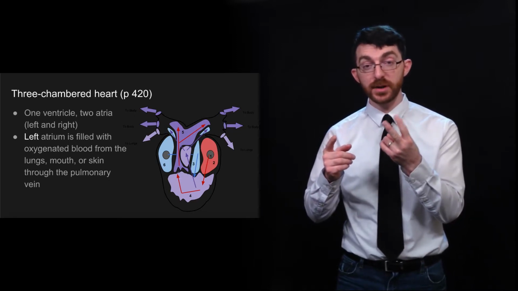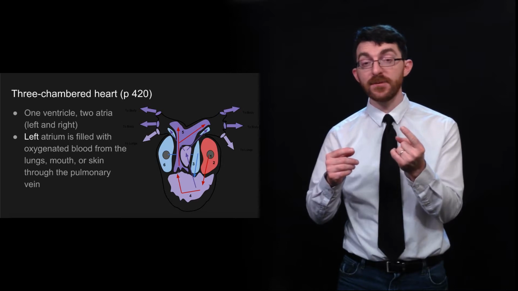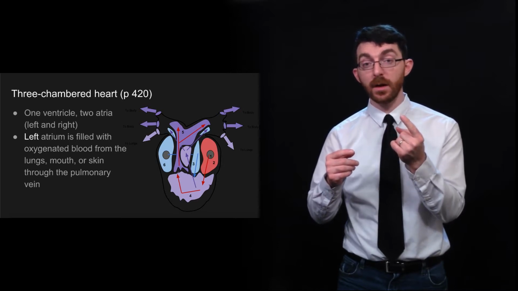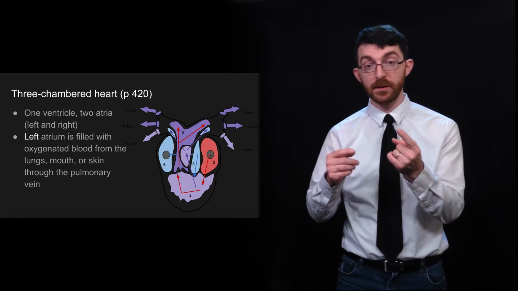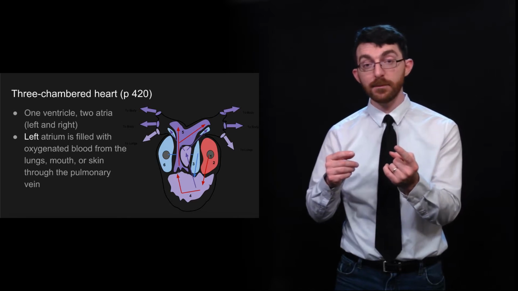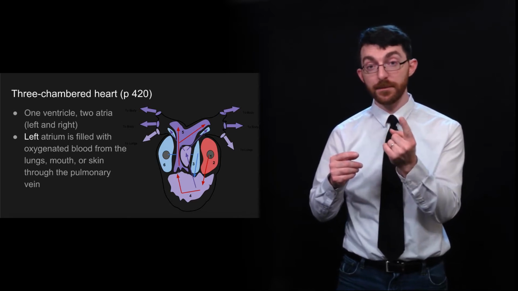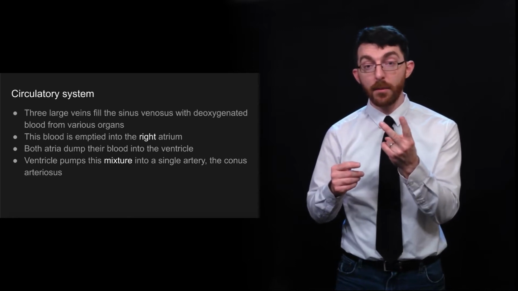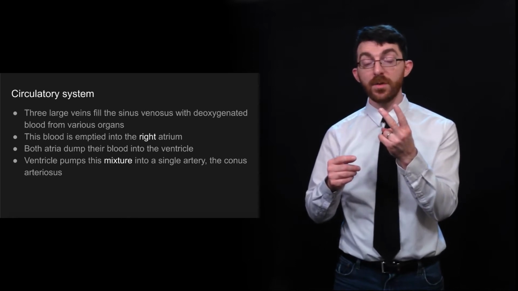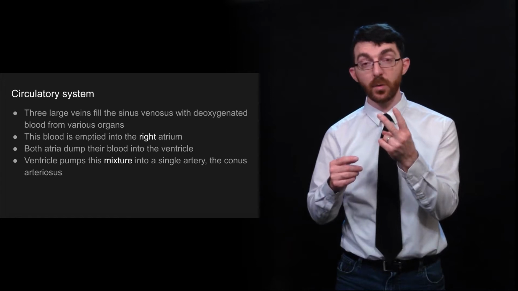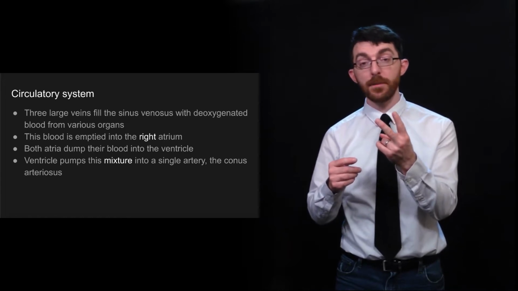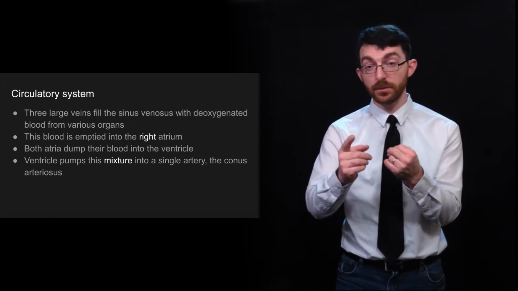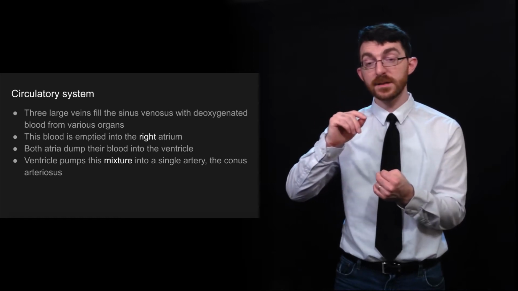Now, of the two atria, the left atrium is filled with oxygenated blood from the lungs, mouth, or skin through the pulmonary vein. Okay, so oxygenated blood comes in the left atrium. Now, the right atrium is going to be filled with deoxygenated blood from various organs. These two are both dumped into the ventricle, which sends it out to the rest of the body.